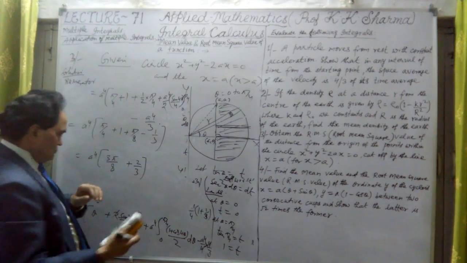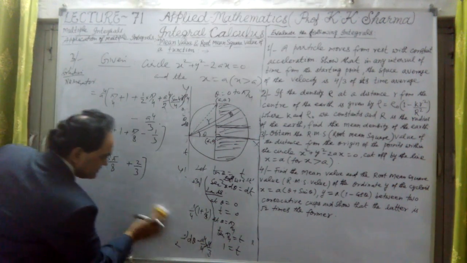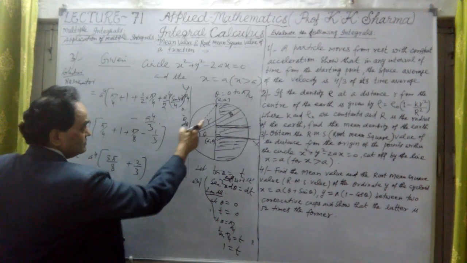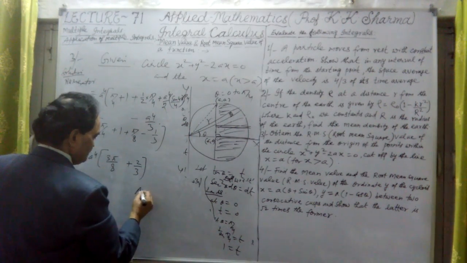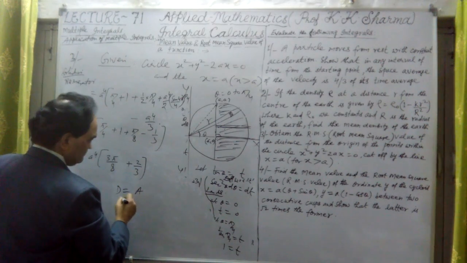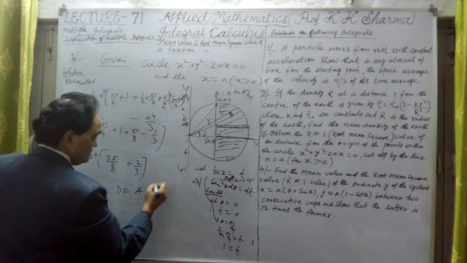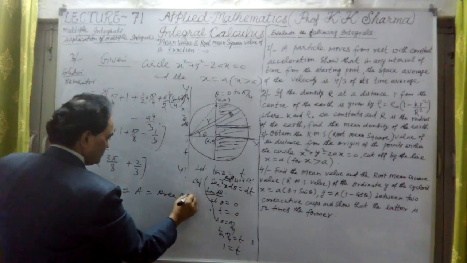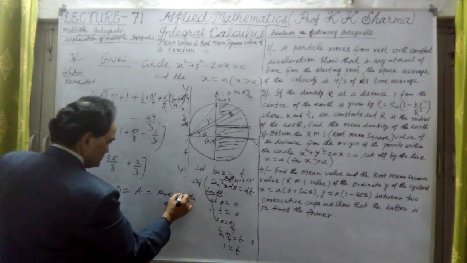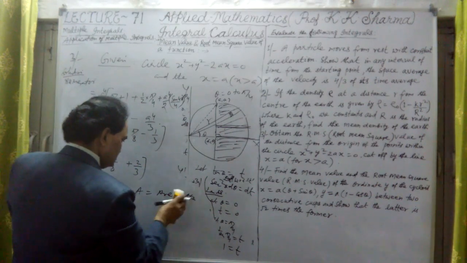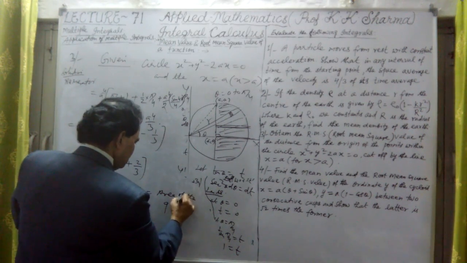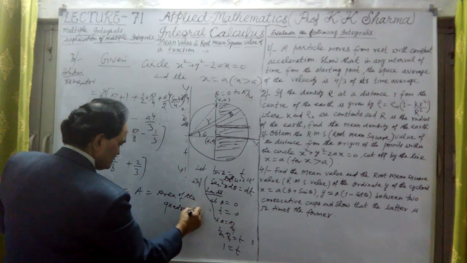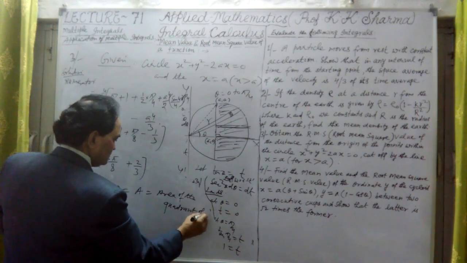Now let me find out the denominator, as I have already solved. That was the area of the quadrant of the circle. So the denominator D is equal to the area of the quadrant. Let me write here, area of the quadrant of the circle.